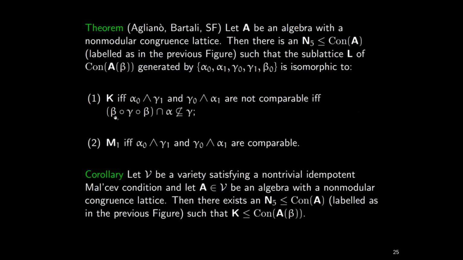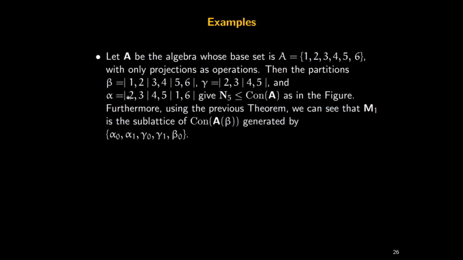So beta circle gamma circle beta meet alpha is contained in gamma, and you can check it. The only pair that is not collapsing in gamma is 1, 6. And if you consider beta circle gamma circle beta circle beta, you get what you want in a smart way.